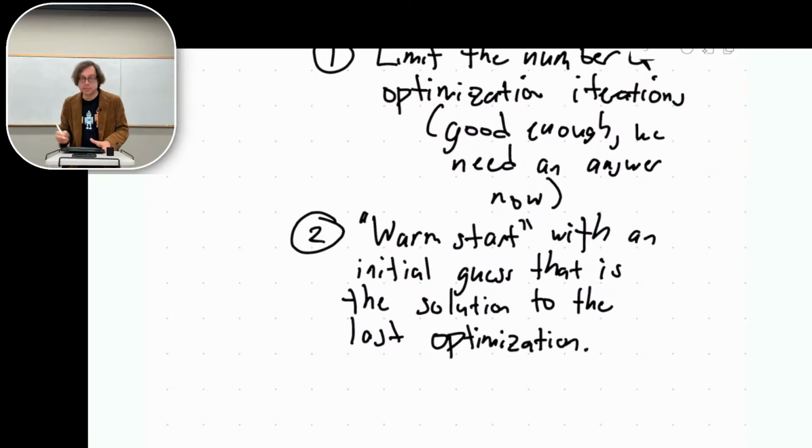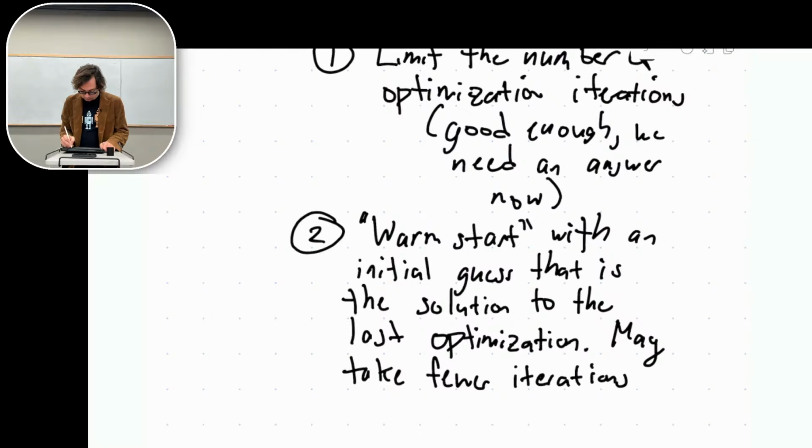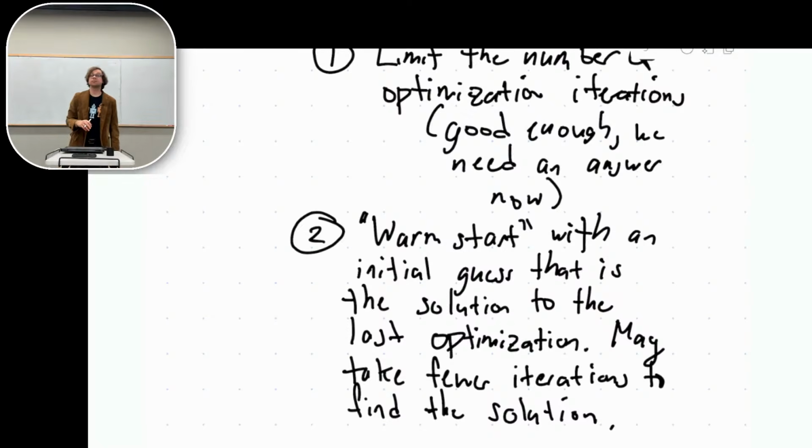You're running lots of these optimizations all in sequence, so we'll take the last solution you got and make that the initial guess for the next one. It's probably going to be close by, so it may take fewer iterations to find the solution.